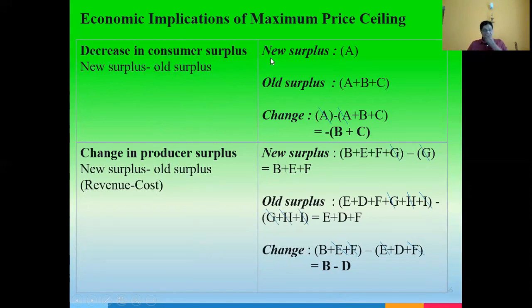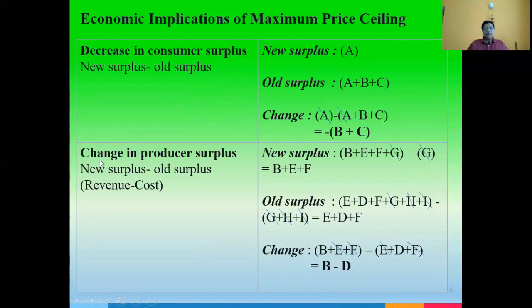As I mentioned earlier, new consumer surplus is given by the area of A. Old, meaning before maximum price ceiling, consumer surplus was given by the area of A, B, C. Then change in consumer surplus, that is decrease in consumer surplus, is given by minus B and minus C.